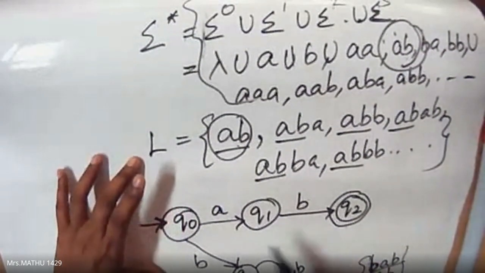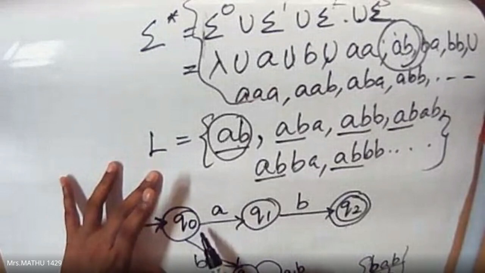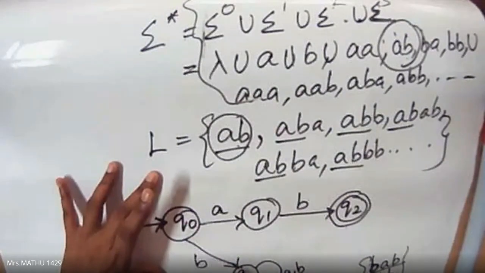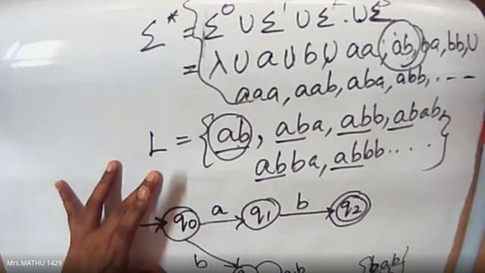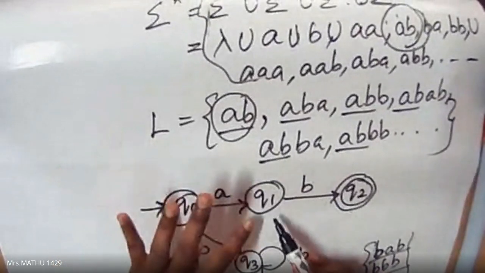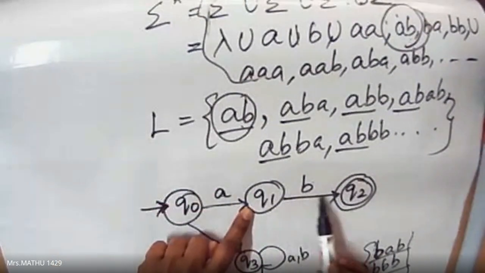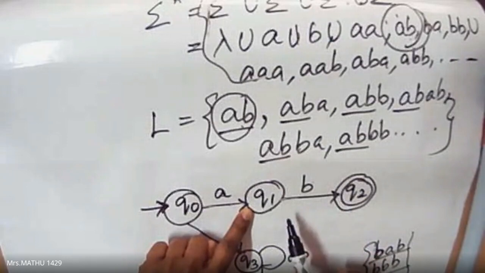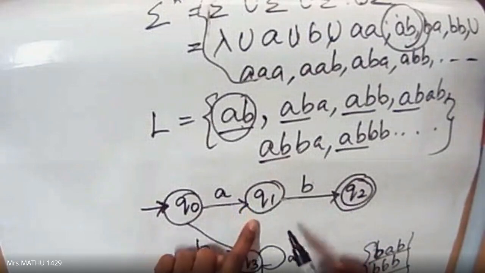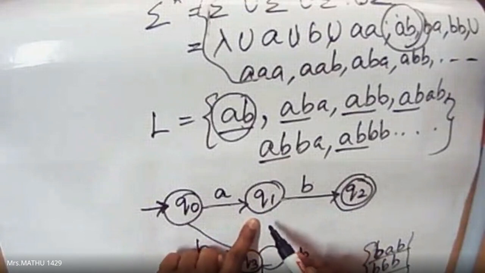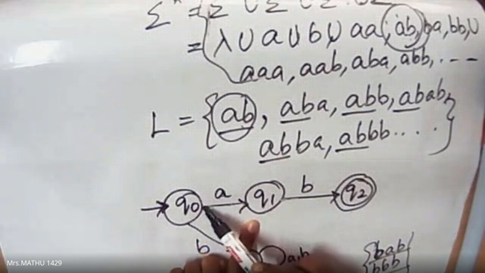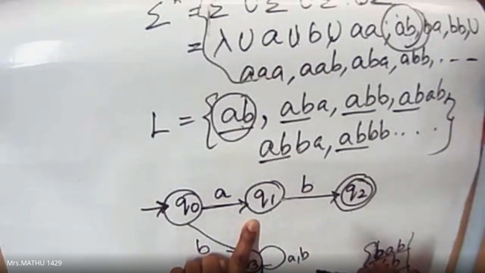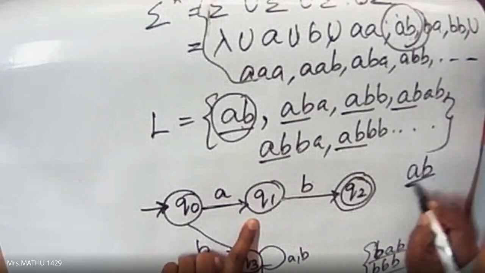Now coming back, for state Q naught, we have transitions for both inputs A and B. But coming to state Q1, we have a transition using only input B, and not A. Think again: we have already read an input symbol A from the prefix AB.